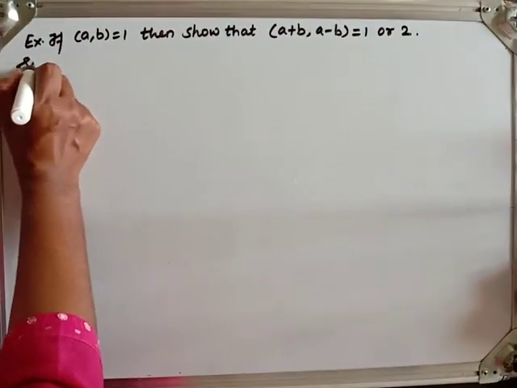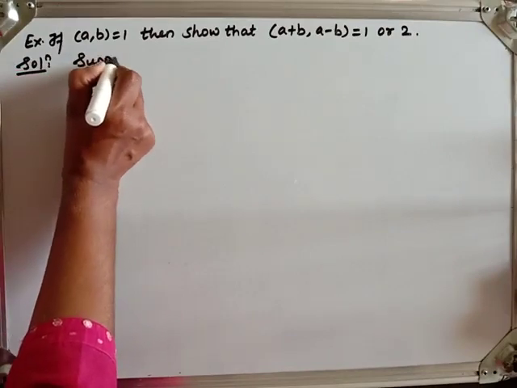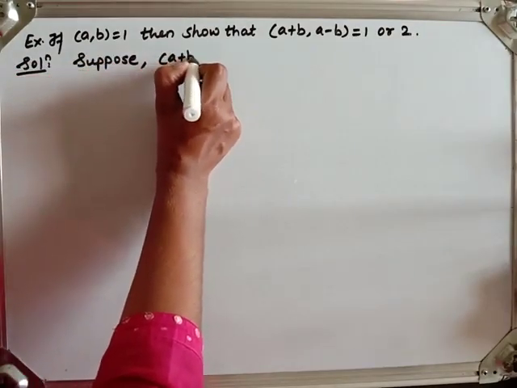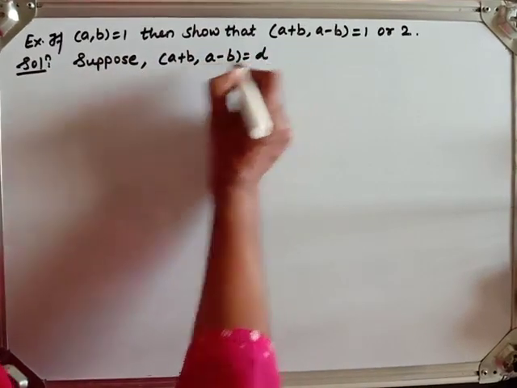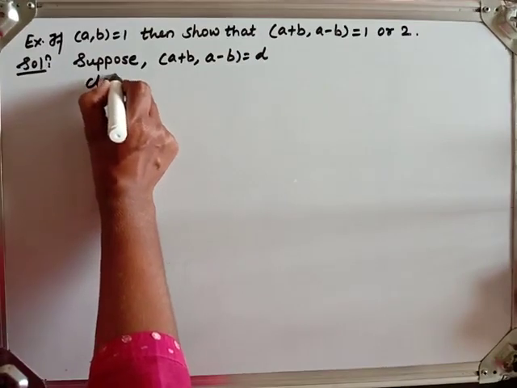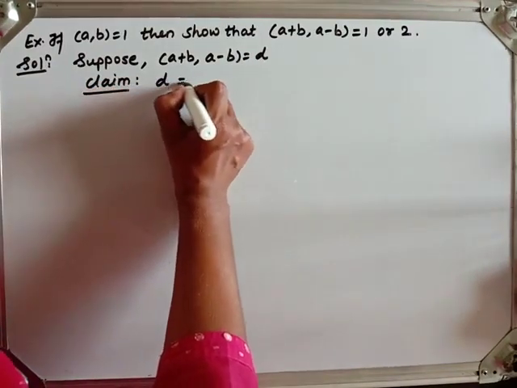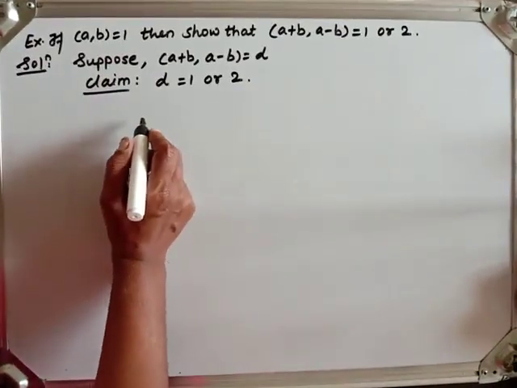So solution: again let us assume that the GCD of a plus b and a minus b is equal to d. So our claim is d is equal to 1 or 2. We have to show d is either 1 or 2.